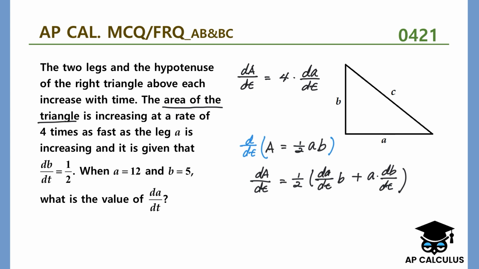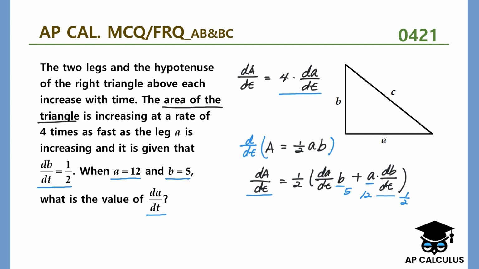Okay, it is given that dB over dt is 1/2, and we are trying to find dA over dt when A is 12 and B is equal to 5, right? So we're going to substitute these numbers.